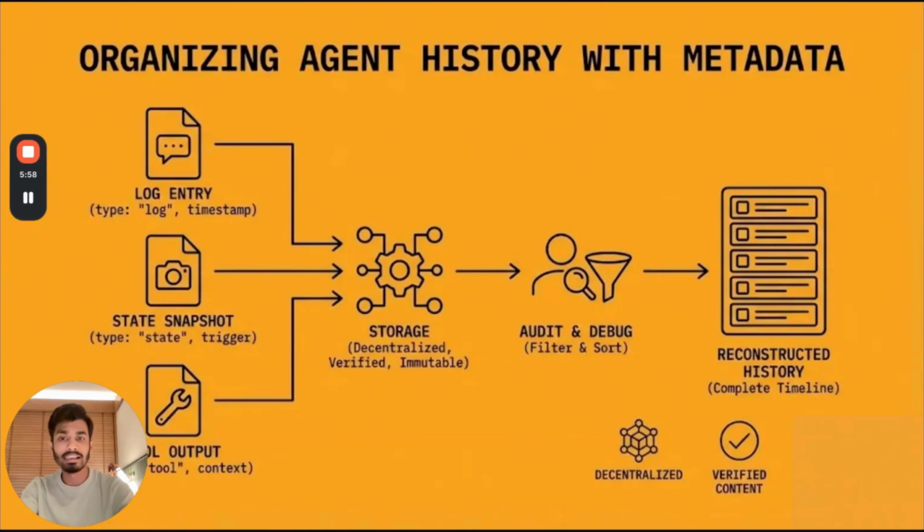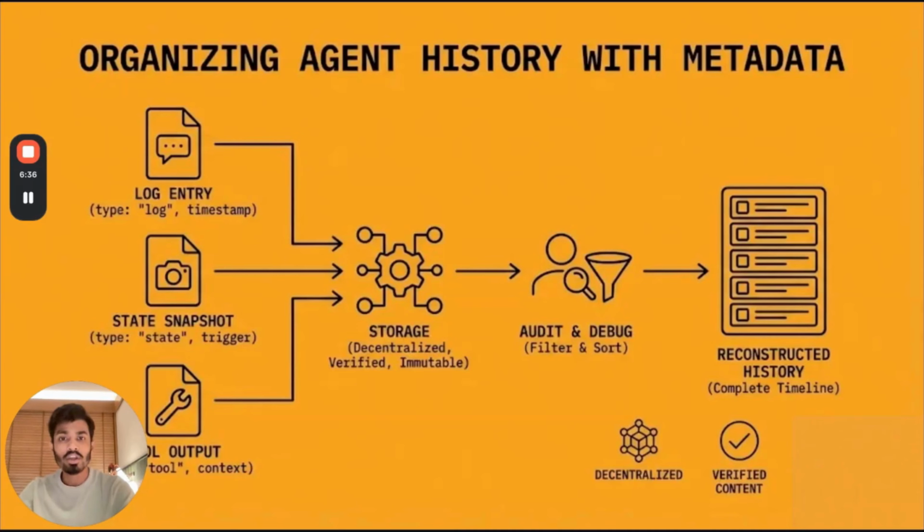A pattern that works well is to treat each significant agent action as its own piece with consistent metadata. Log entries can get the type as log and a timestamp. A state snapshot would get type as state and a reference to what triggered it. And maybe another one, like tool output, can get type as tool plus whatever context links you want to add back to it.